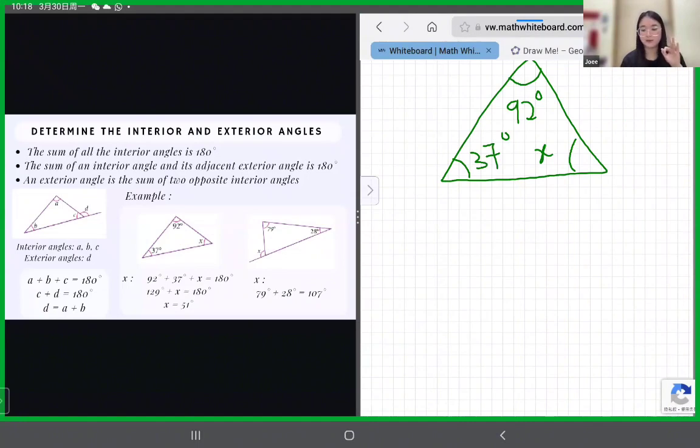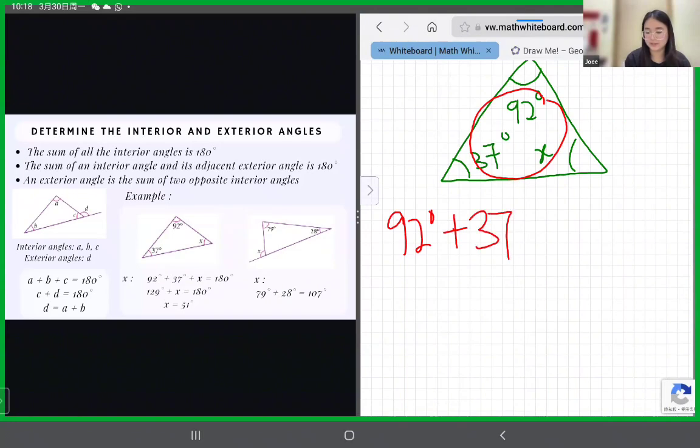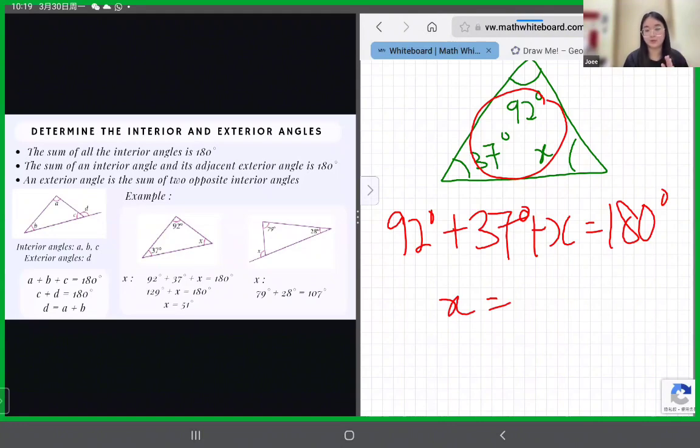The total of the interior angles is 180, so we add all together: 92 degrees plus 37 degrees plus x equals 180 degrees. After you calculate, x equals 51 degrees.